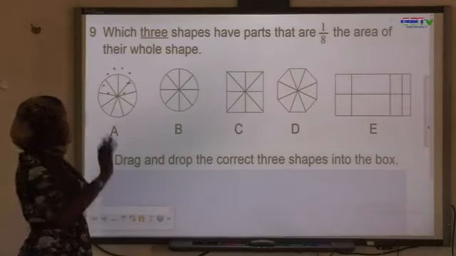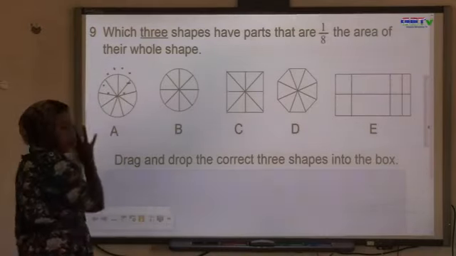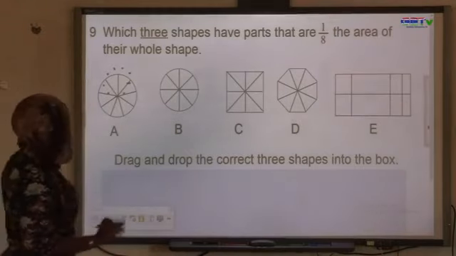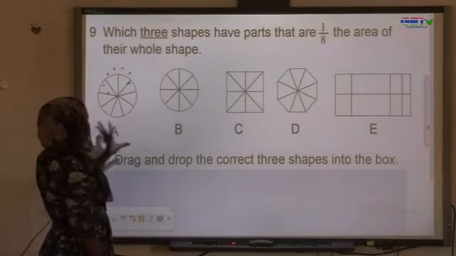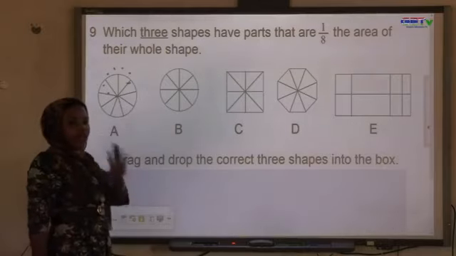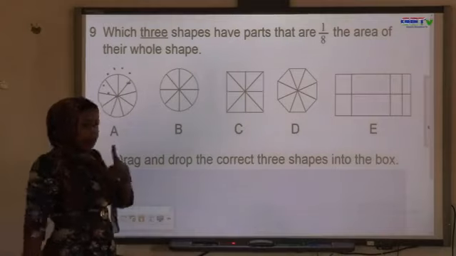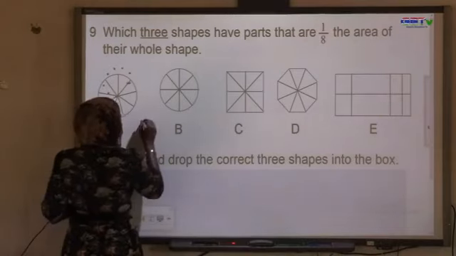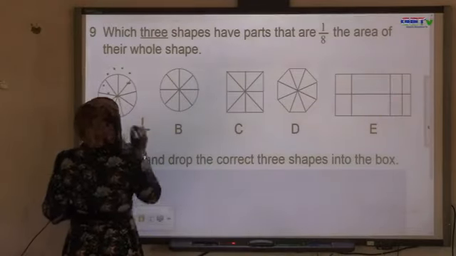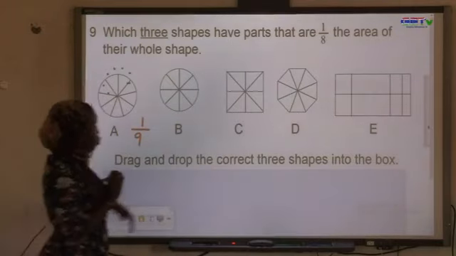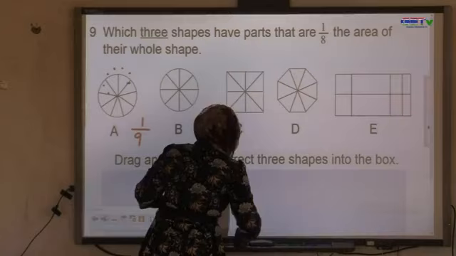There are 9 equal parts in this whole. Now each part can be written as 1 all over 9. We move on to the next option, which is option B.